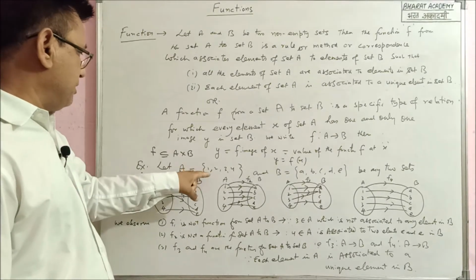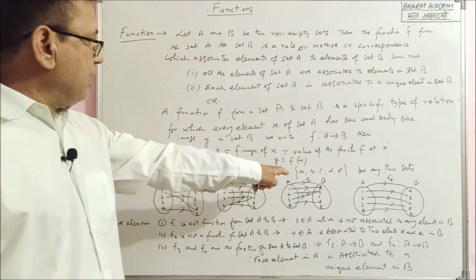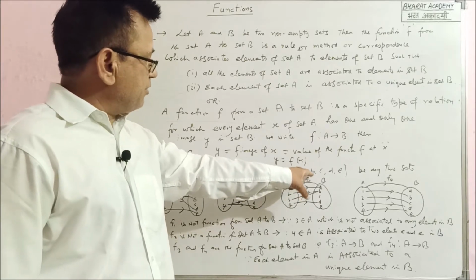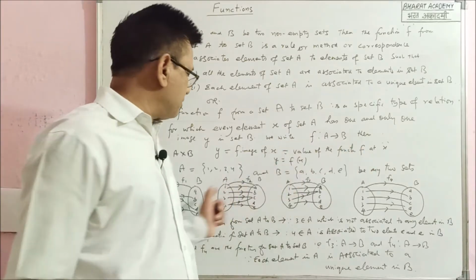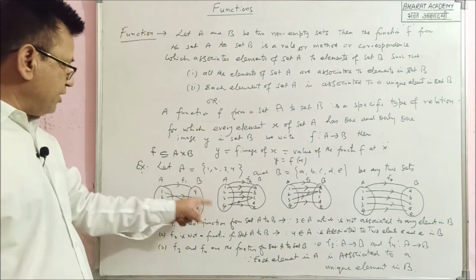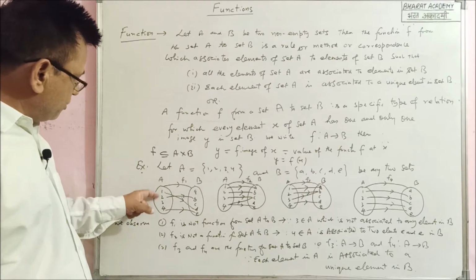Let A be the set of these elements 1, 2, 3, 4, and another set B is having these elements a, b, c, d, e. There are two sets A and B. Suppose this is set A and this is set B. f1, the function is defined like this: set A contains 1, 2, 3, 4.